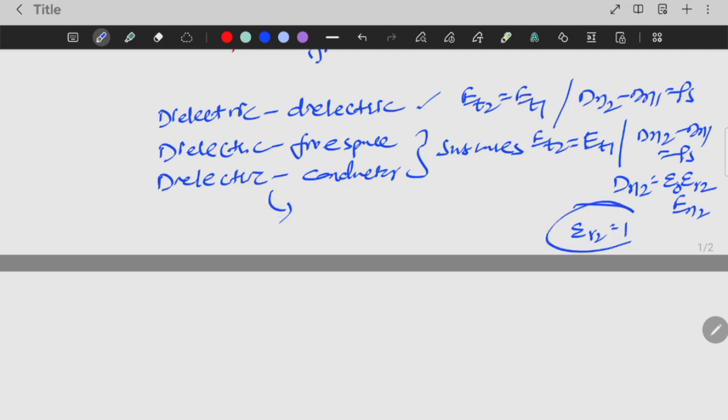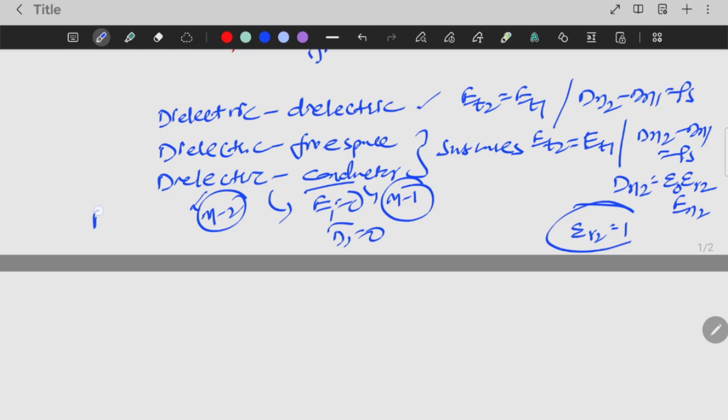Now coming to this case, as we have just seen, it is related to medium 1, or whichever medium you are considering as the conductor. If it is medium 1 and this is medium 2, E1 bar is equal to 0, D1 bar is equal to 0.